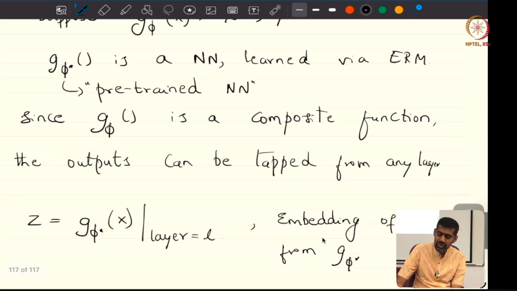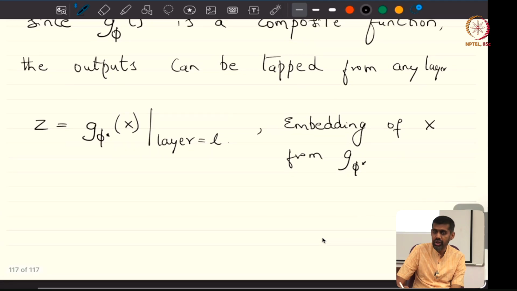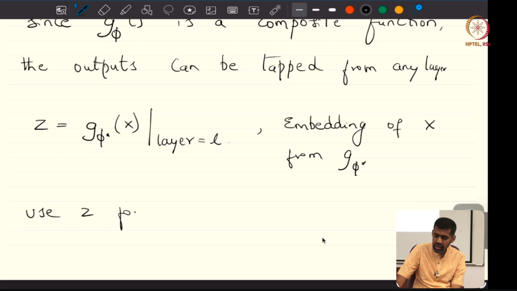Now what do you do with a pre-trained neural network? You can tap the output of the pre-trained neural network at any intermediate layer for a given data, and use Z for any further downstream tasks.